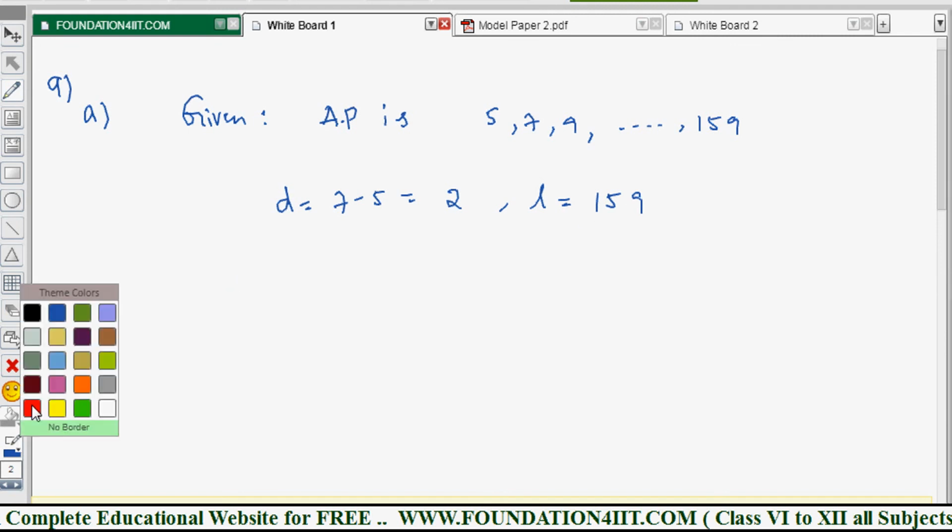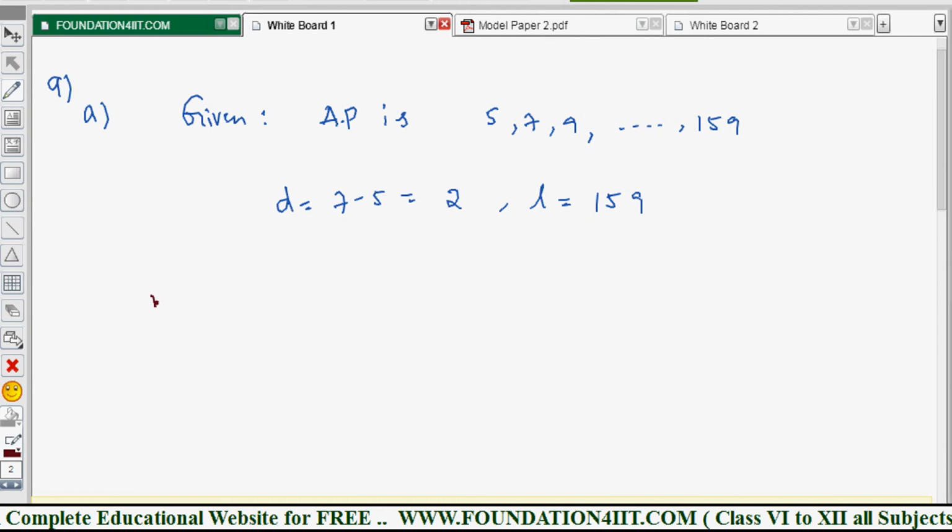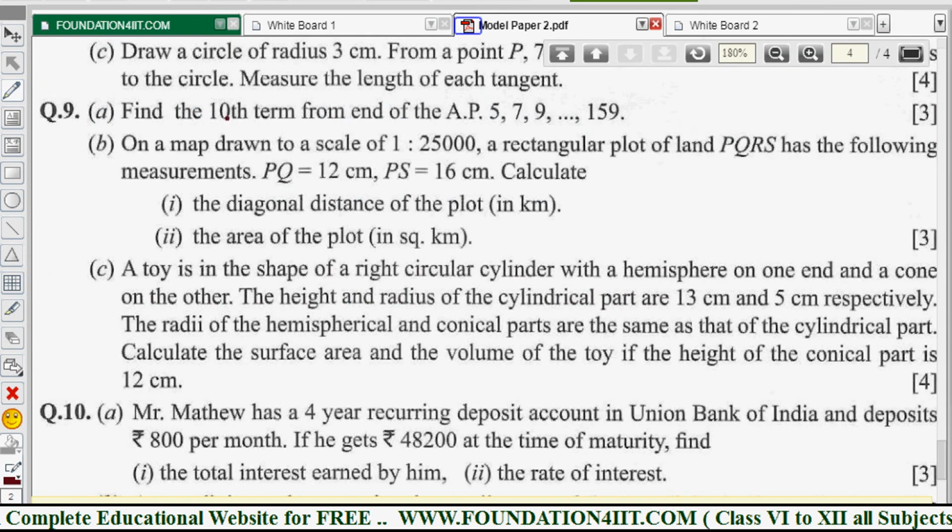So the formula for the nth term from the end is L minus (n minus 1) into D. The nth term from the start is different. This is the nth term from the end: L minus (n minus 1) into D. Here we need to find the 10th term, right?